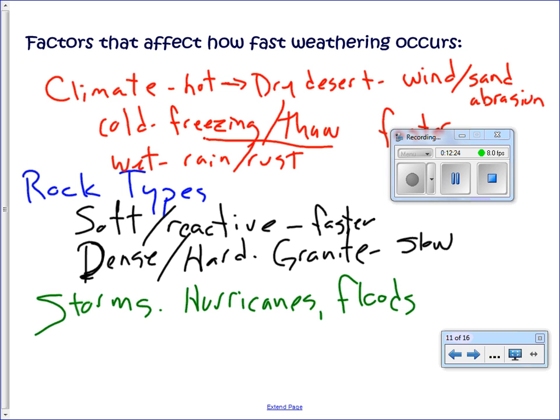And yeah, you know, lightning, I don't think lightning really is a huge factor. It is a force of nature. It might knock trees down. It might, if it hits it can change like sand into glass basically, but I don't think it's a major factor in erosion just because it's infrequent.